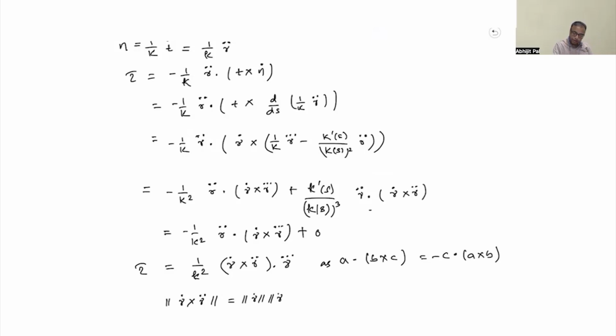The norm of γ dot is equal to 1, and the norm of γ double dot is the absolute value of this curvature.